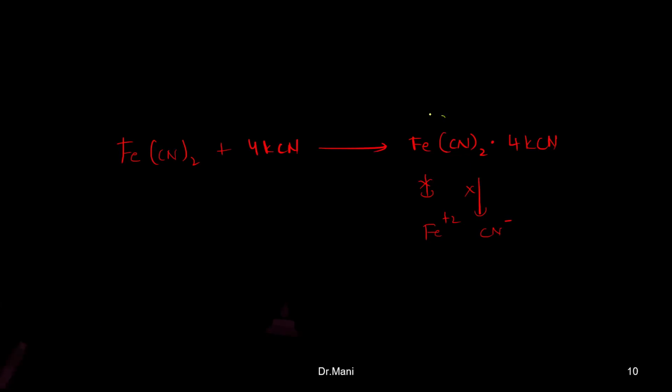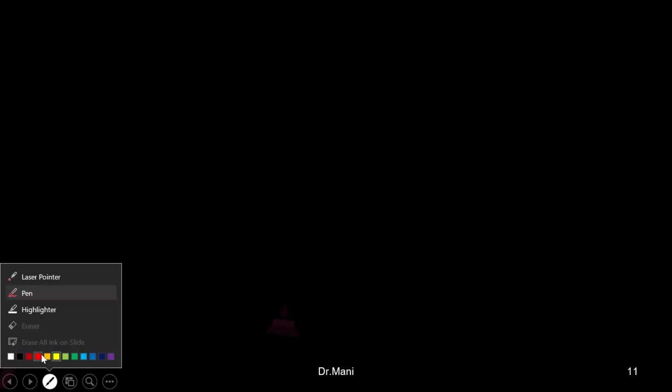It will maintain a distinct entity. Let me show it this way. So K4[Fe(CN)6].